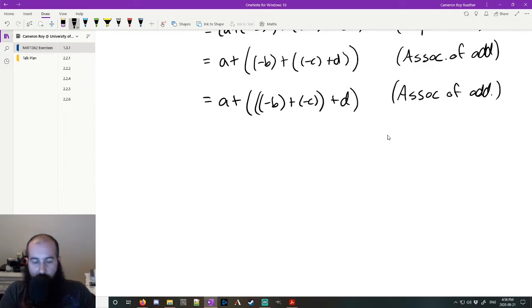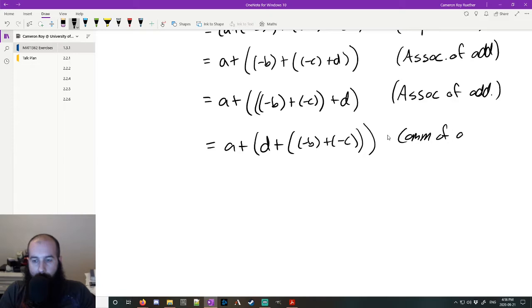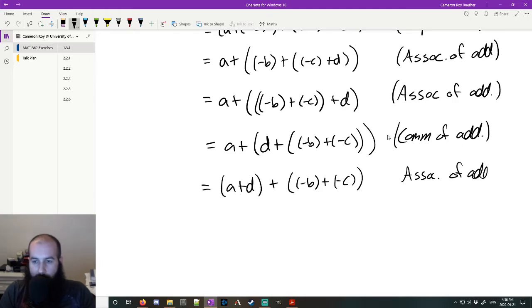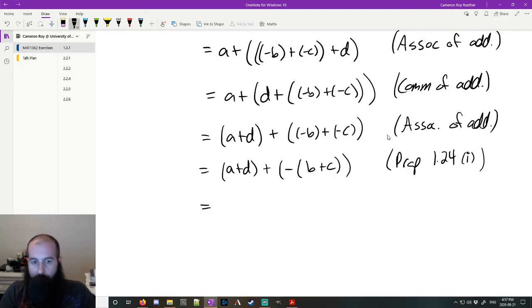I'm going to commute the two pieces inside the large brackets. Associate together the A plus D. We can apply 1.24 part 1 again here to get the additive inverse of B plus C. And now we're adding an additive inverse, which is, by definition, subtraction.